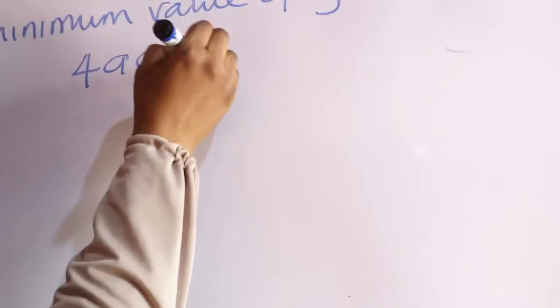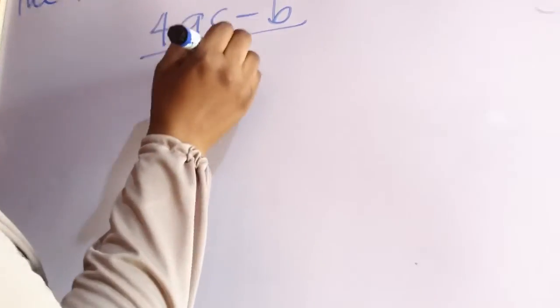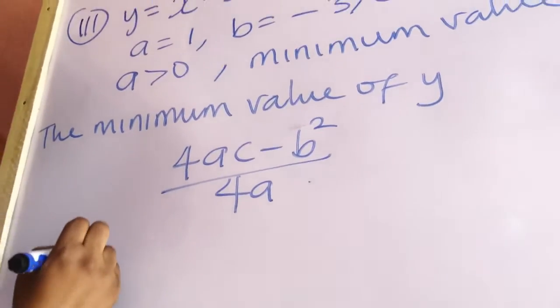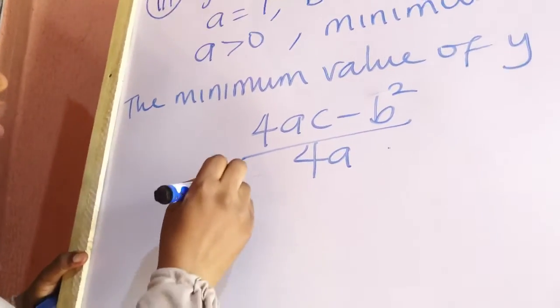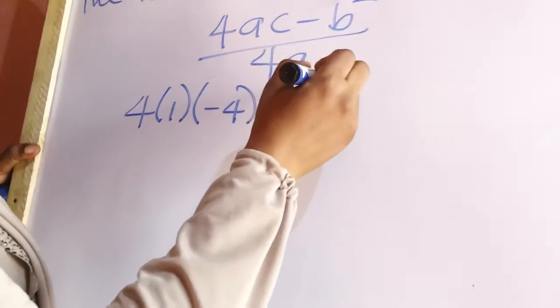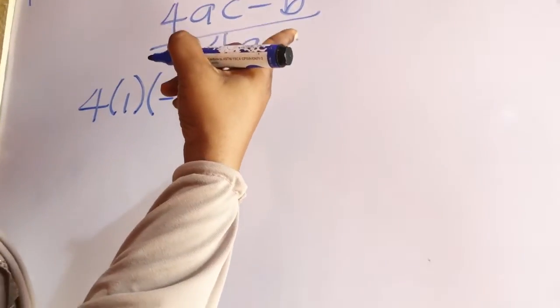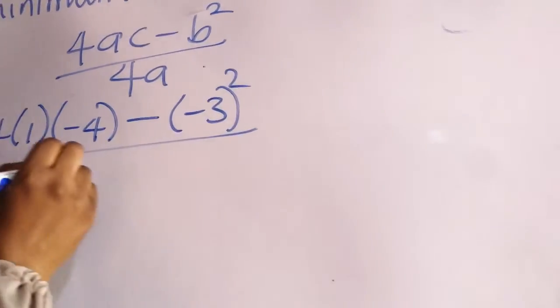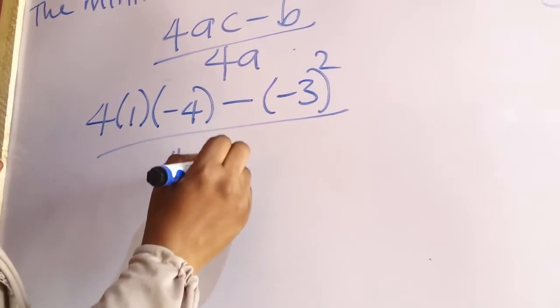(4ac minus b squared) over 4a. So substituting the values, 4 multiplied by a, which is 1, c is minus 4, minus b, which is minus 3, so minus 3 squared, over 4 multiplied by a, which is 1.